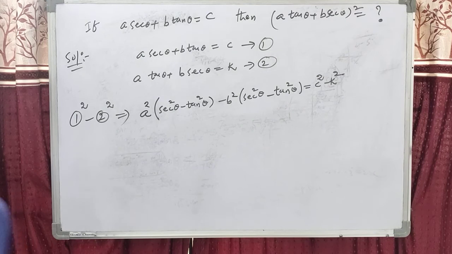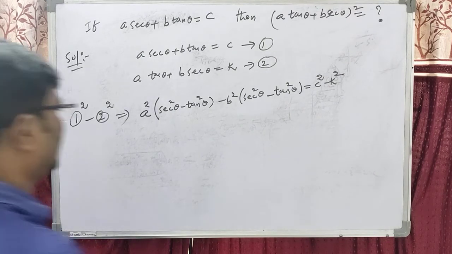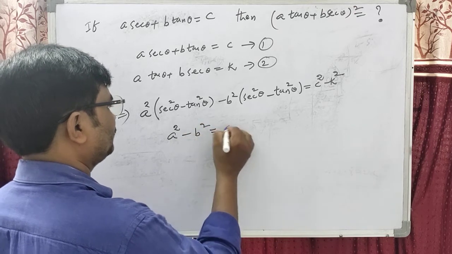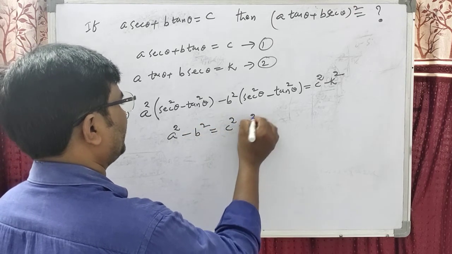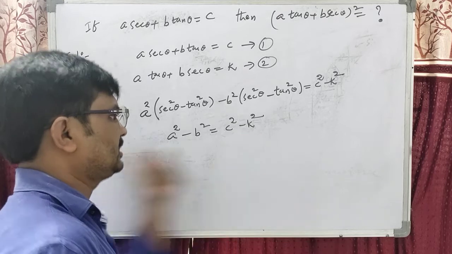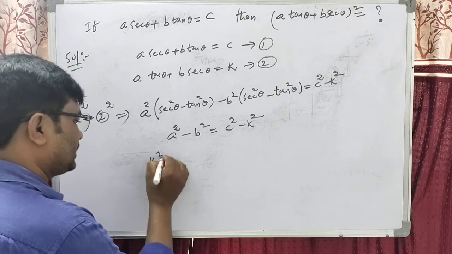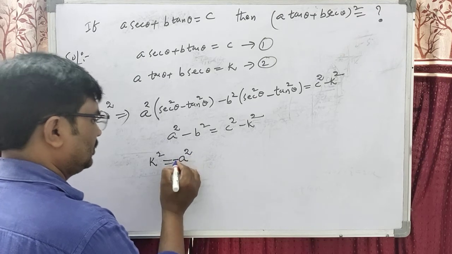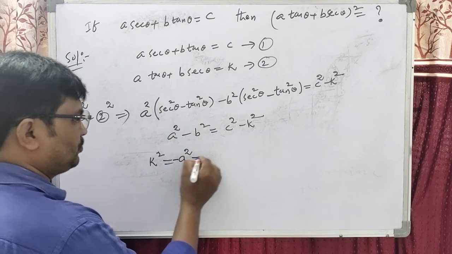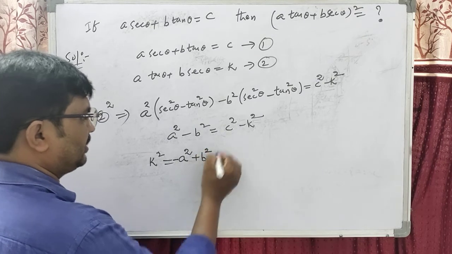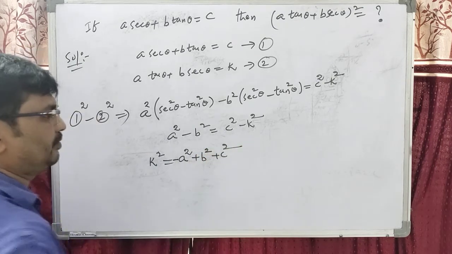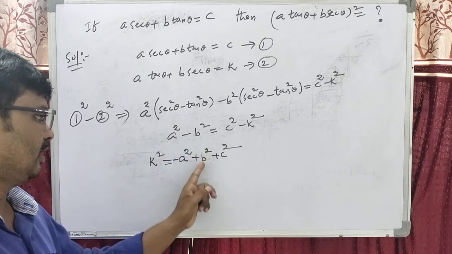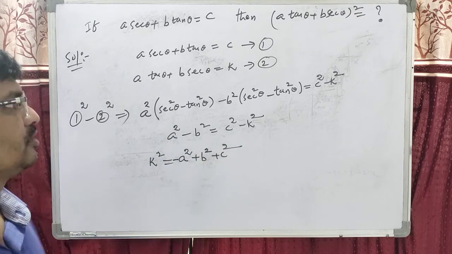So A square minus B square equals C square minus K square. Now the minus K square is sent to the other side, plus K square equals, students, minus A square plus B square plus C square.